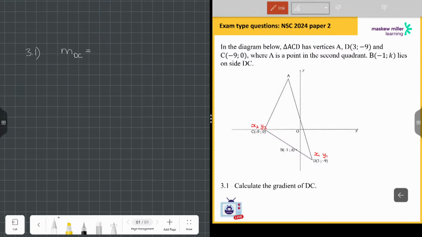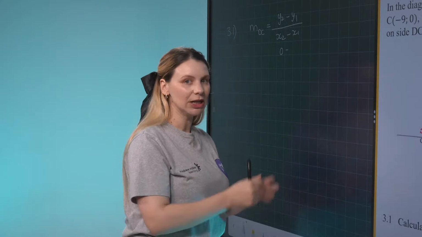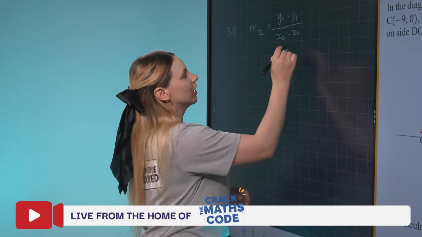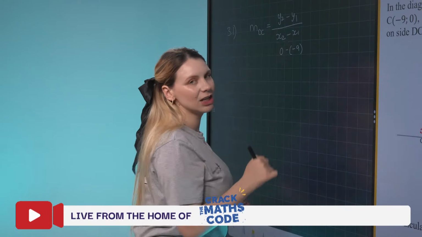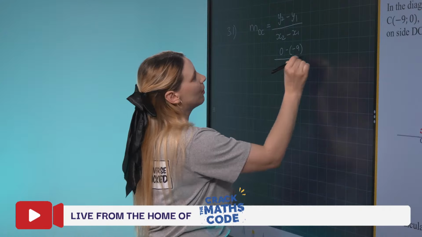I'm going to write the formula here. We're going to say y2 minus y1 all over x2 minus x1. And now I simply have to go and look for y2, which is 0. So I'll have 0. y1, which is -9. And whenever we put a negative into a formula, don't forget to put it into brackets, because it's minus -9, which essentially becomes +9.